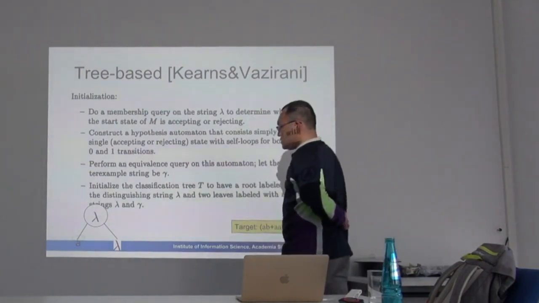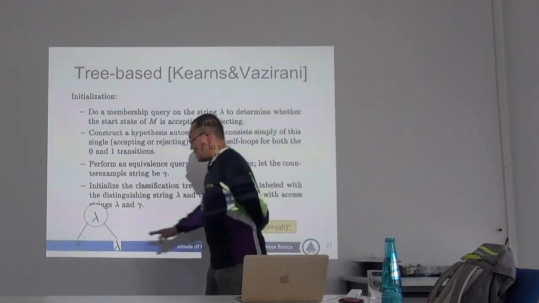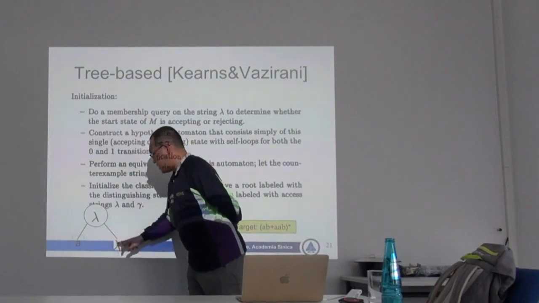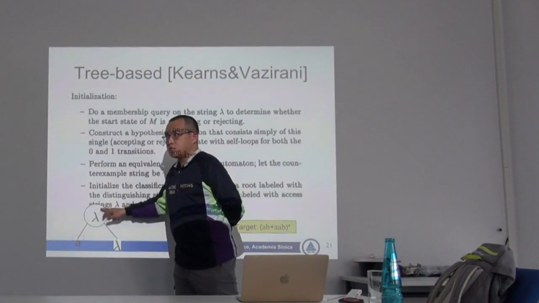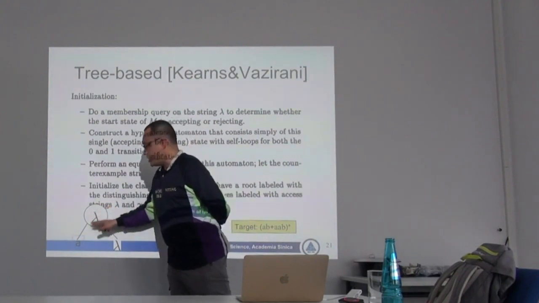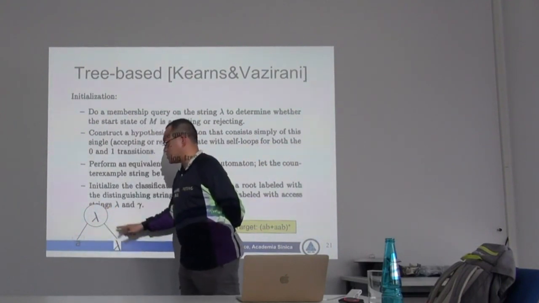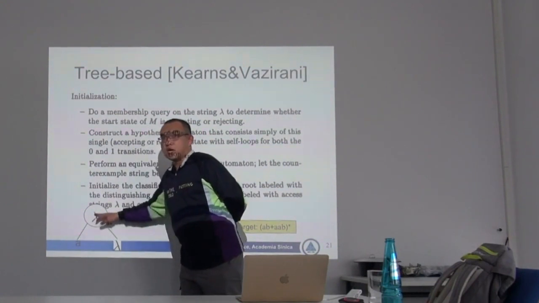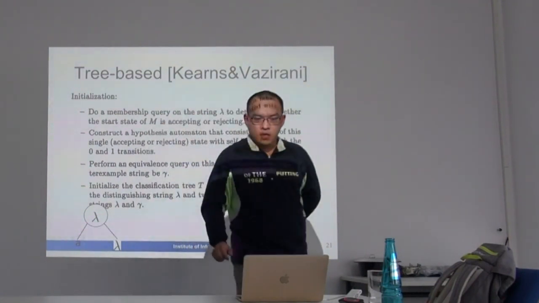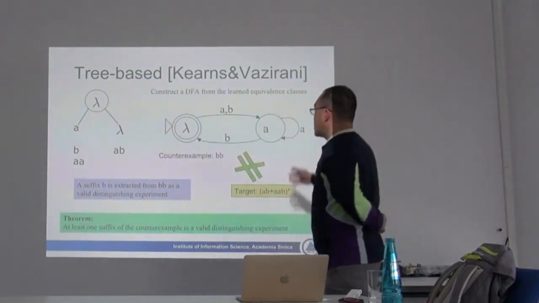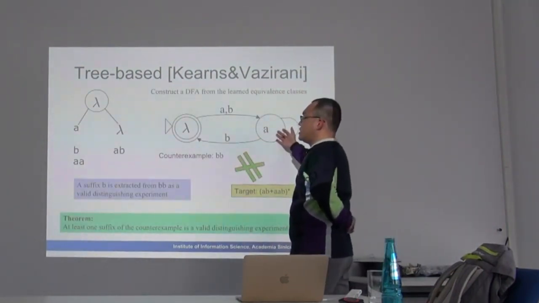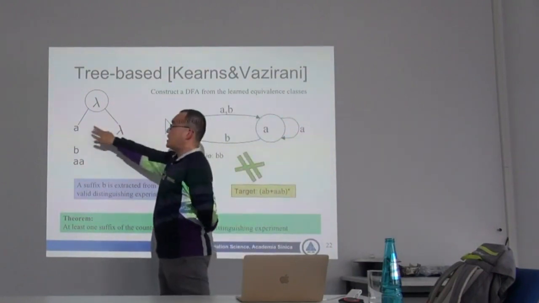We know that because A is not in the language but lambda is, the empty string is a suffix that can distinguish A and lambda. So this is our initial classification tree. And from the classification tree, we can already construct a conjecture automata. So we have two states, lambda and A.